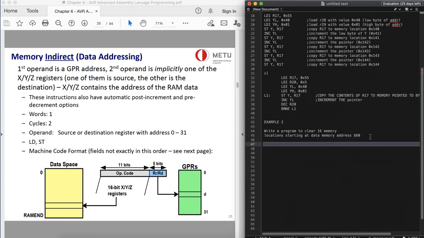Now, if we are going to use post increment or pre-decrement, in this case, we can use post increment starting from 60. So what we can write, LDI R16, it's going to be the value that we want to clear, so 16, so that's going to be our counter.